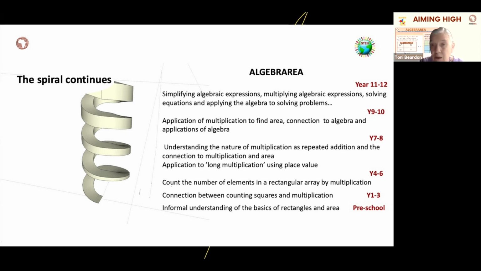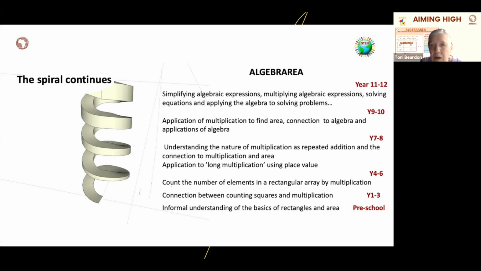By the time you're starting secondary school, years 7 and 8, they should be understanding the nature of multiplication as repeated addition and the connection between multiplication and area. So this is what we've been building up to with younger children. And now they're going to be able to apply this to long multiplication using place value. And this gives a very easy way of doing multiplication.